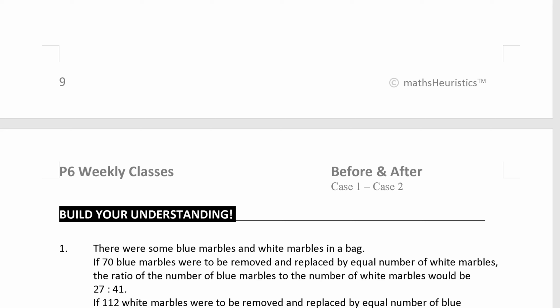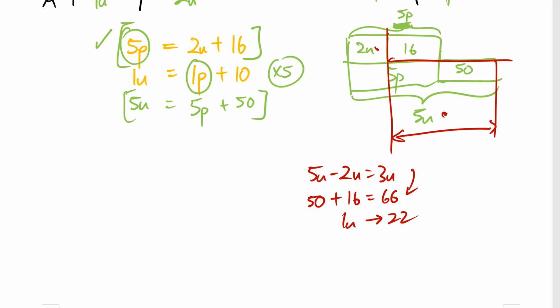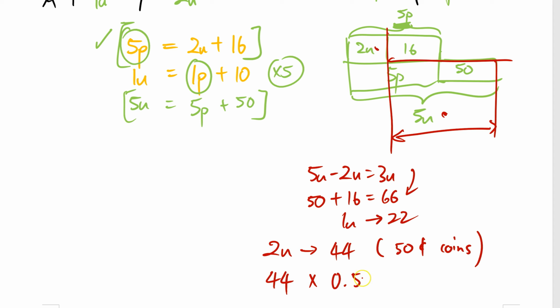So 2 units of coins is 44 50-cent coins. They asked for how much he had, so that has to be 44 times 50 cents to give me $22 in total.